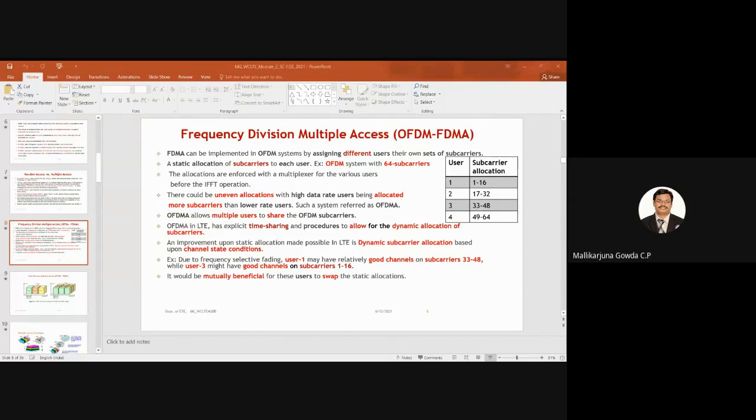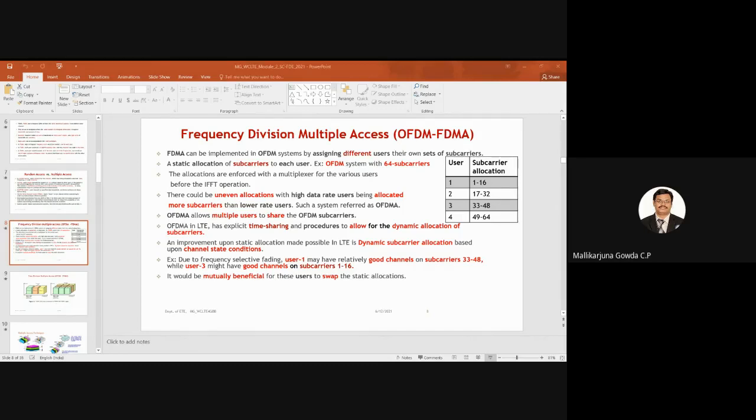I said FDMA can be implemented in OFDM by assigning different users their own set of subcarriers. One simple method of allocating the subcarriers to different users is the static allocation of subcarriers to each user.